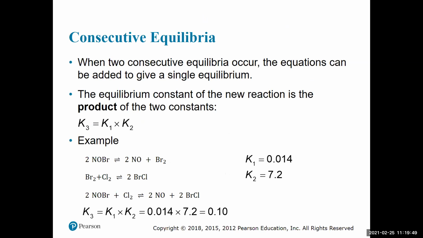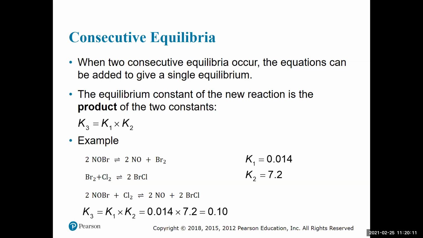Remember for the last exam, we talked a little bit about reaction mechanisms, that a lot of times you have steps in reactions. So if you do have that case where you have steps, in this case, we have 2 NOBr going to 2 NO plus Br2, and then we have Br2 plus Cl2 going to 2 BrCl.